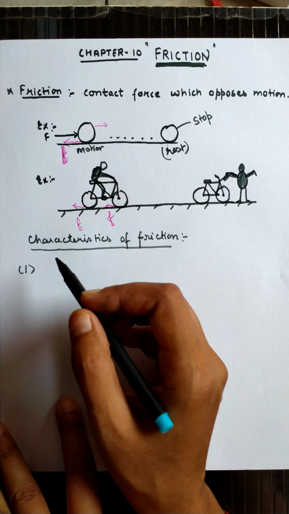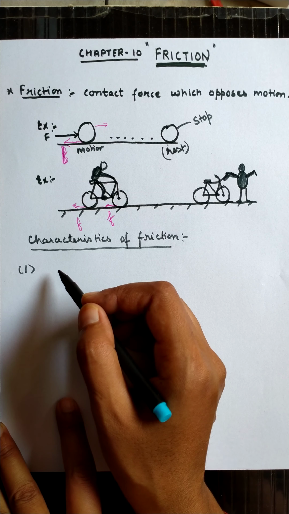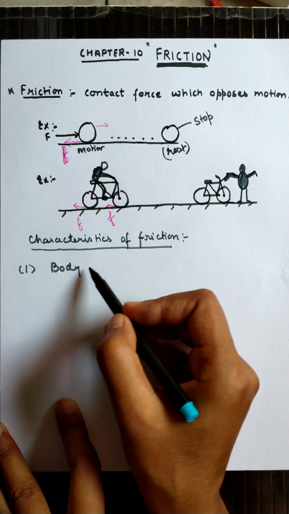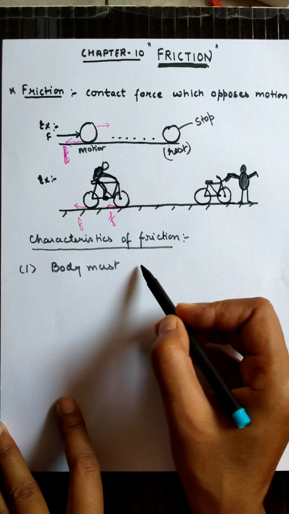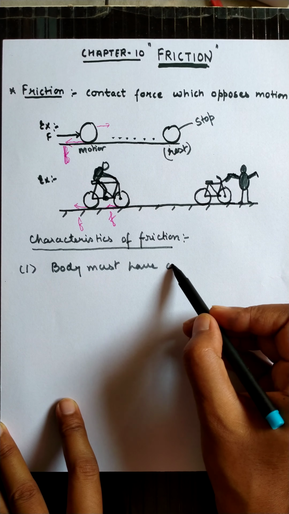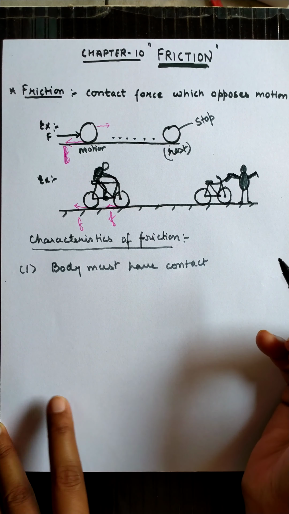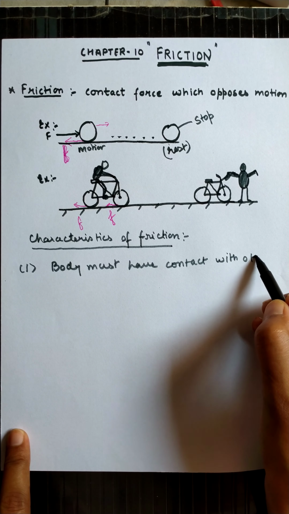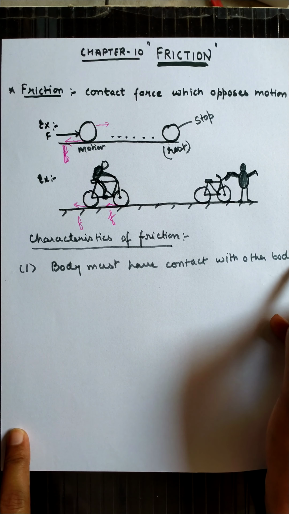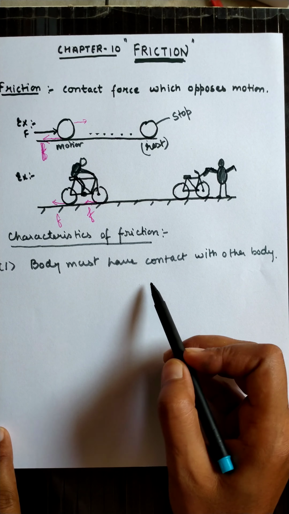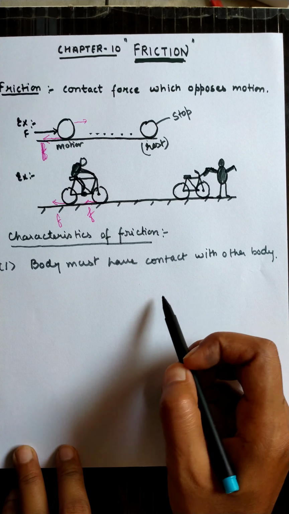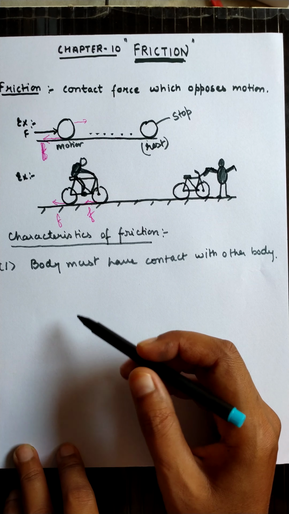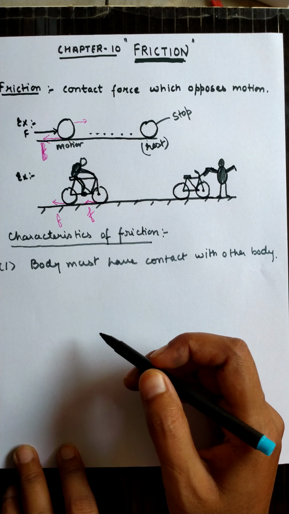So the bodies must be in contact with each other for friction. One body must have contact with the other body, or we can say one object must have contact with the other surface. If two objects are moving, both must have contact with each other.